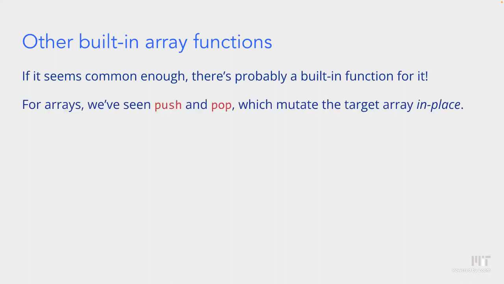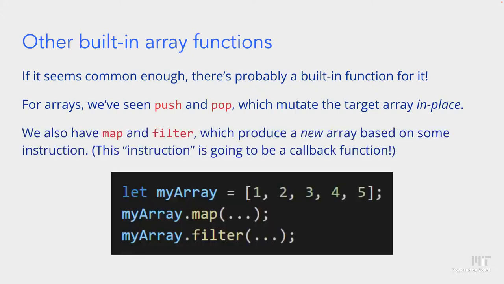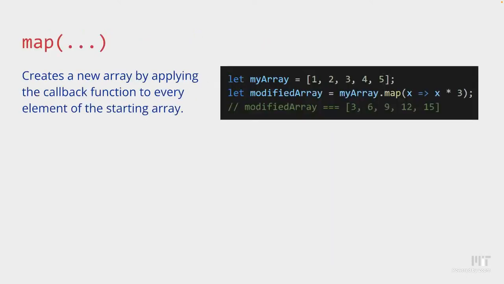And for other built-in array functions, we have these two things called map and filter, which you guys might use a lot in your code. And so for map, what this does is kind of similar to our modifier array function that we made before. It creates a new array by applying some callback function to every element of the starting array.